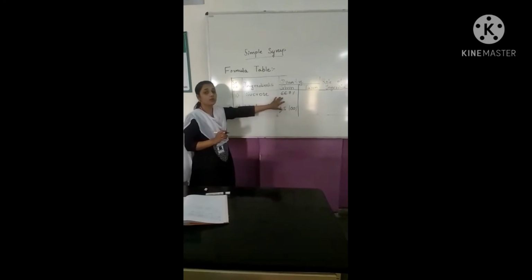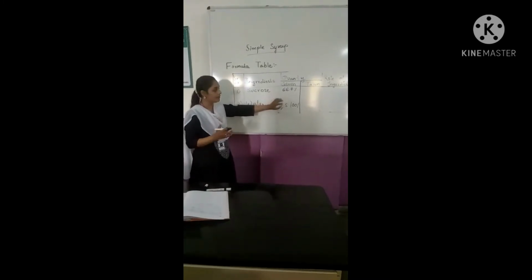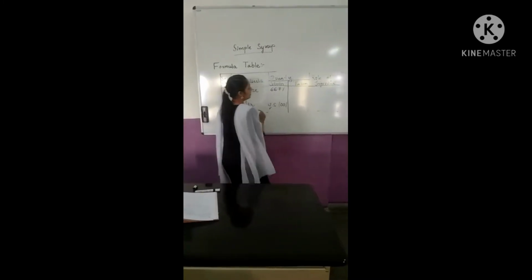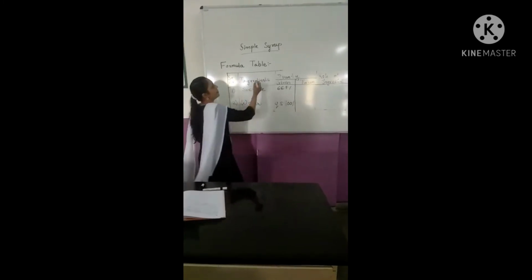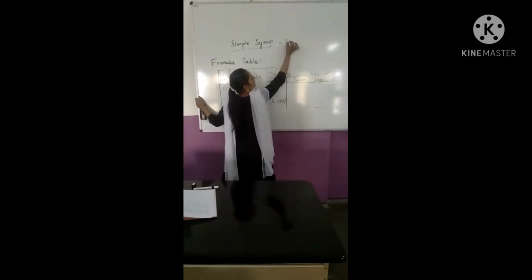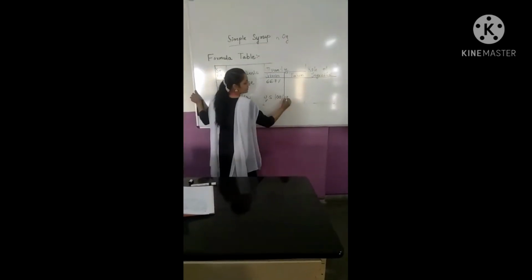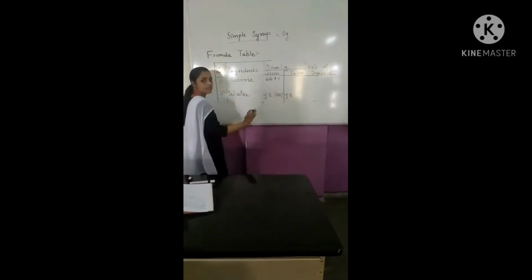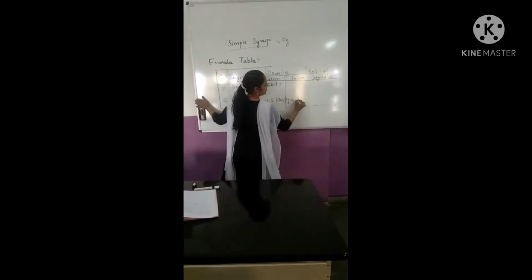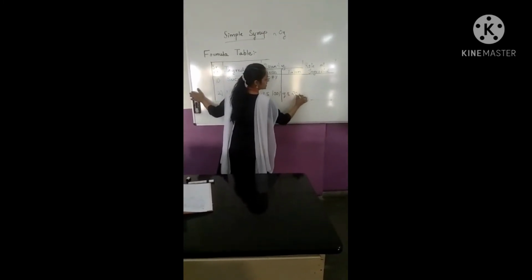Yes, this quantity looks more, I will tell you. Let me tell you, I want to prepare 20 grams of syrup. So what will I write over here? Quantity sufficient. QS means quantity sufficient for 20 ml, or say it as gram.